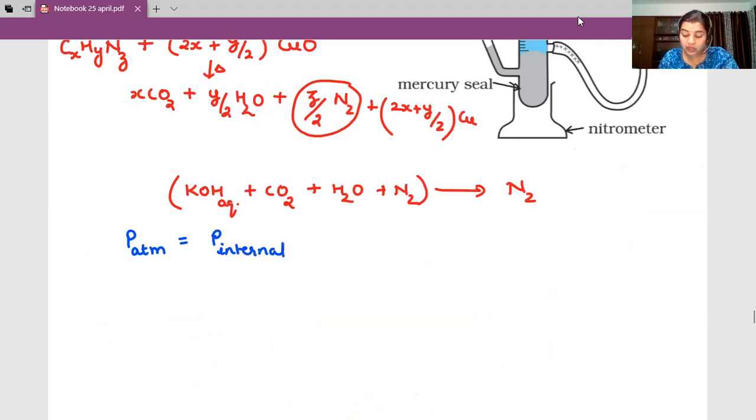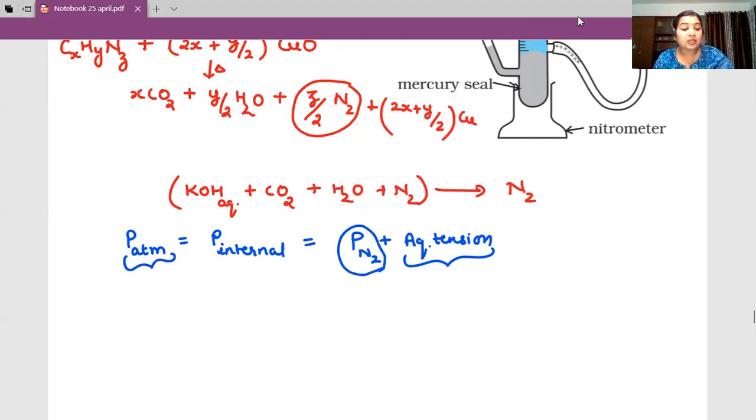What is this internal pressure? It is the pressure due to nitrogen plus aqueous tension. Aqueous tension, as you must be aware, depends on the temperature at which you are performing the experiment, and you use that value of aqueous tension. Atmospheric pressure you already know. So from this you can come to know the partial pressure of nitrogen above the solution.